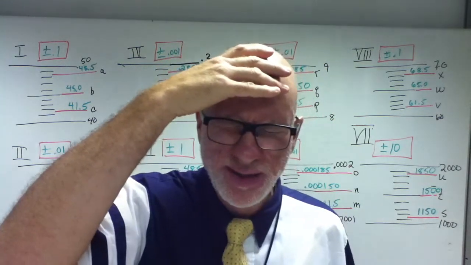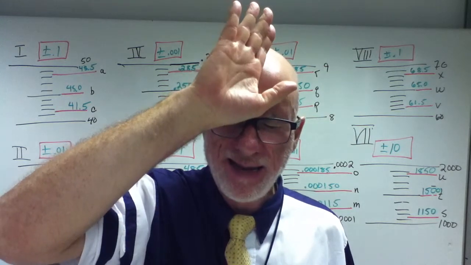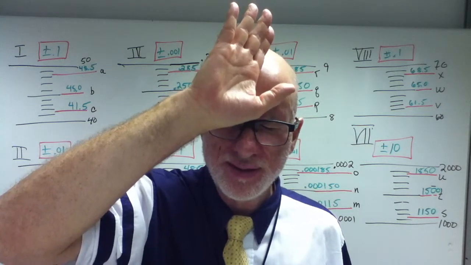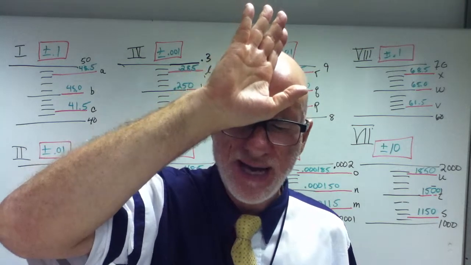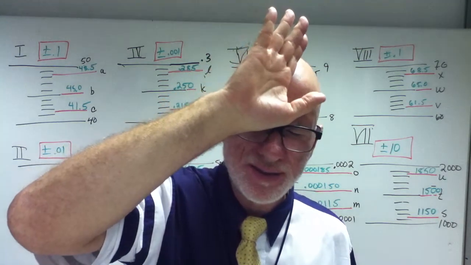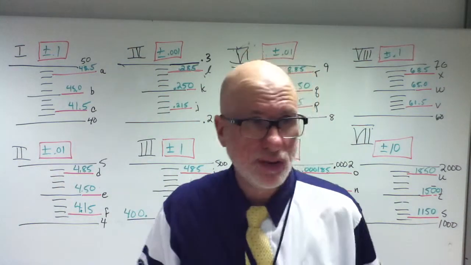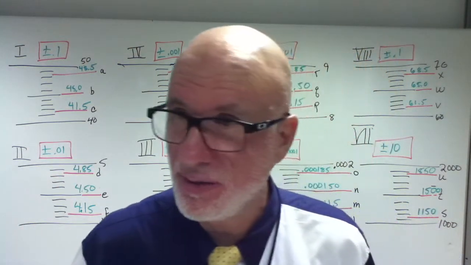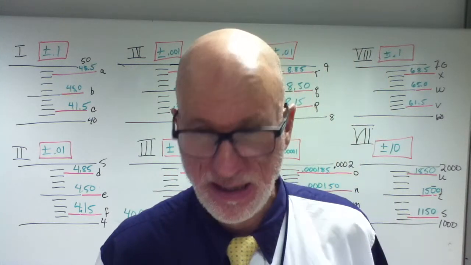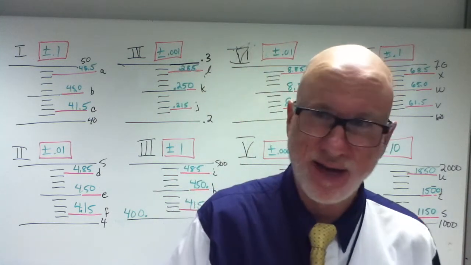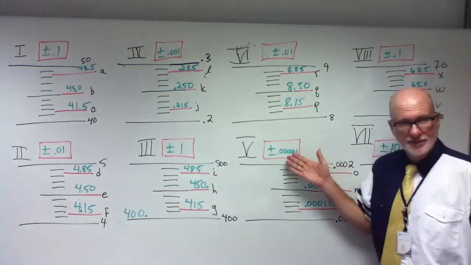Hundreds, tens, ones, tenths, hundredths, thousandths, 10,000ths, 100,000ths, millionths. So 2 less than 10,000ths is millionths. Get it? So this would be millionths. Clear?